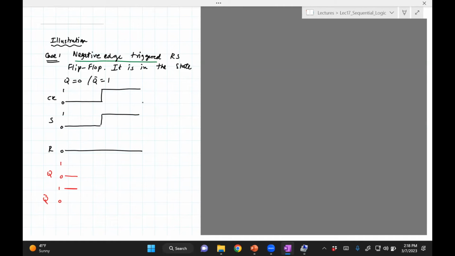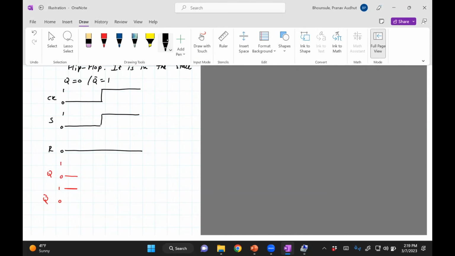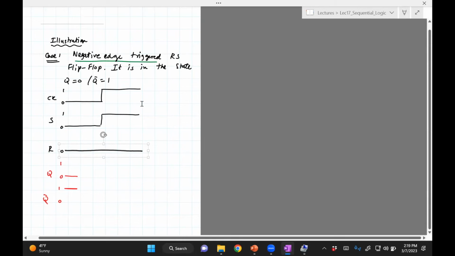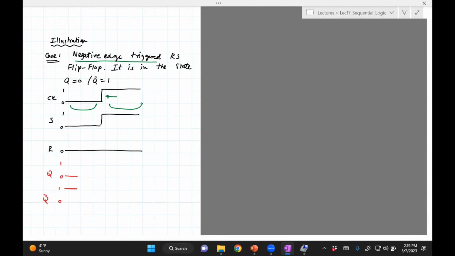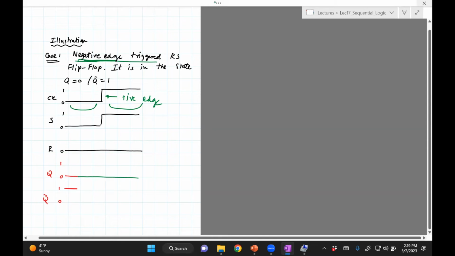What happened? We've seen that here, the clock is always 0 or 1, and here we have a positive edge. But this is a negative edge triggered device, which means that the effect of a positive edge has absolutely no effect on the output. And so this will be unchanged. This will remain 0. This will remain 1.